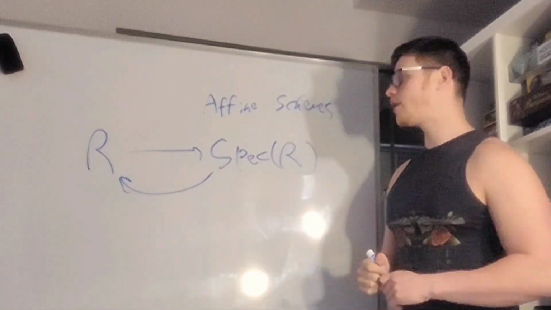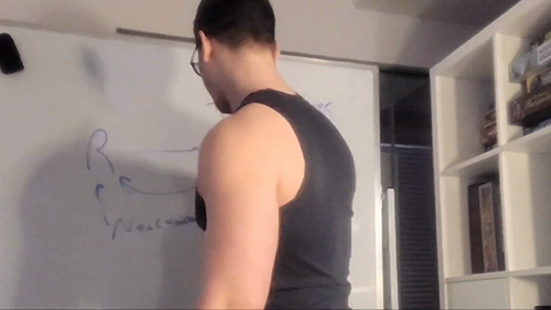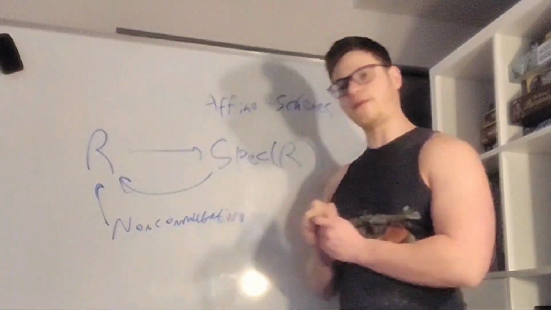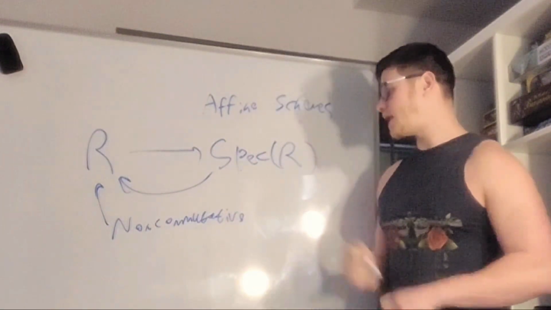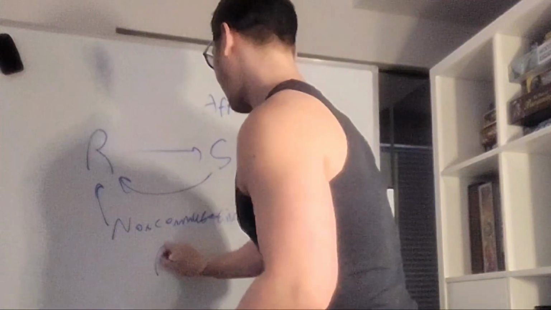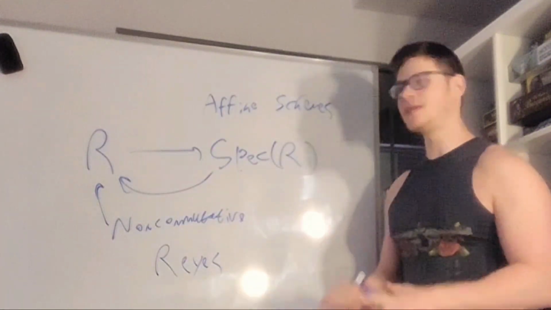So the question is, okay, what if I want R to be non-commutative? You might think, if you know how to define the spectrum, there's some naive things you can try, but actually there is this paper by Manuel Reyes, which says that there is no way to do this.